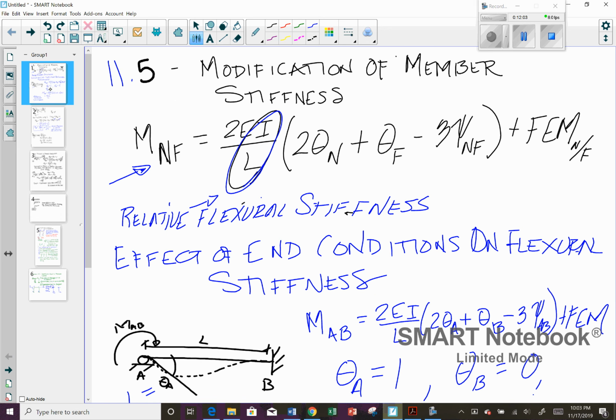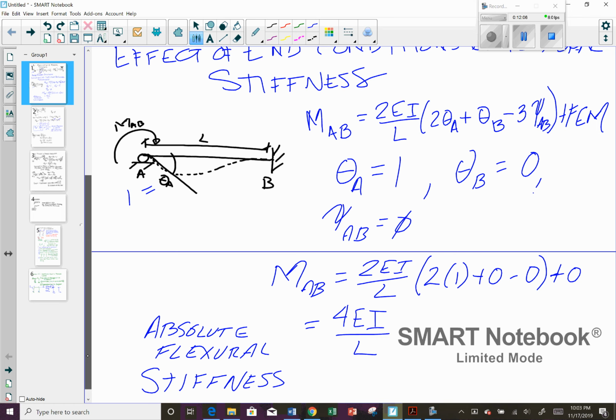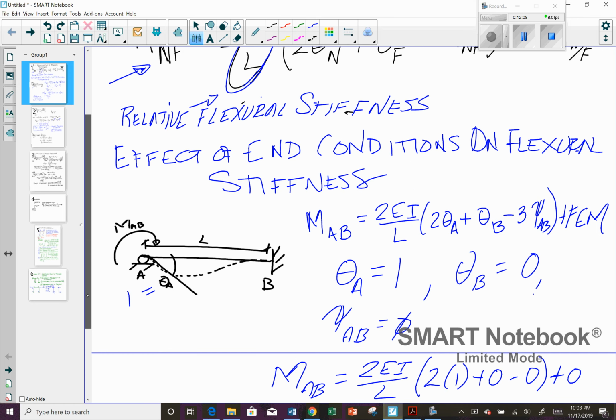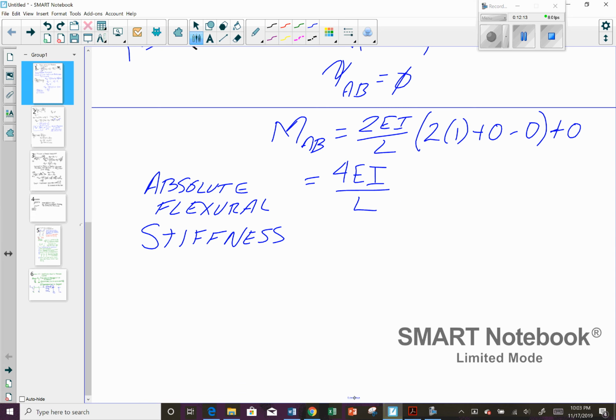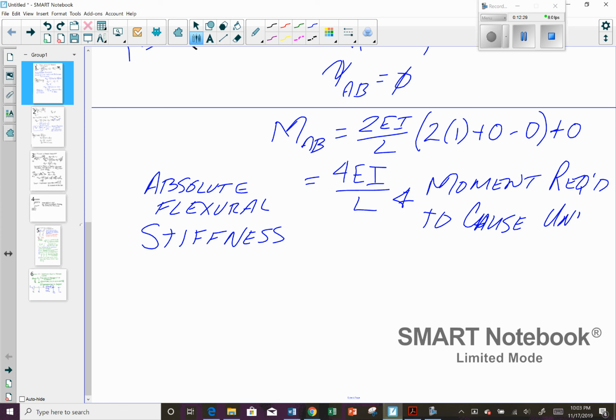And then this one is moment required to cause unit rotation for roller fixed.